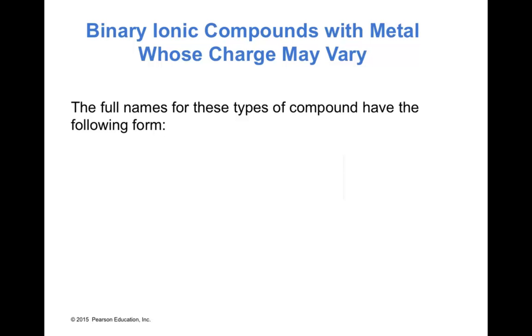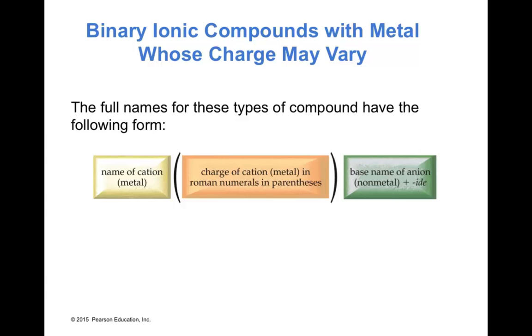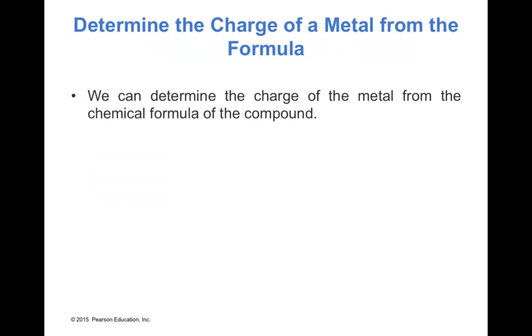The full names for these types of compounds have the following form. The name of the cation, which is the name of the metal itself, with the charge of the cation in Roman numerals in parentheses, and then the base name of the anion using the same ending as we used before, the IDE. So we have here an example.